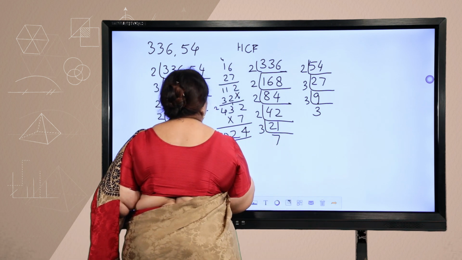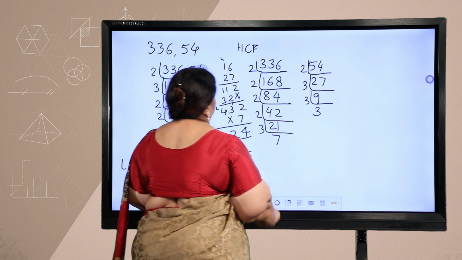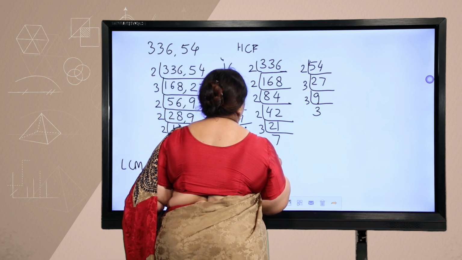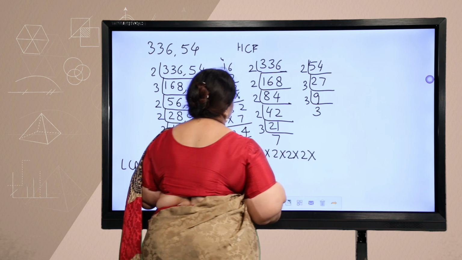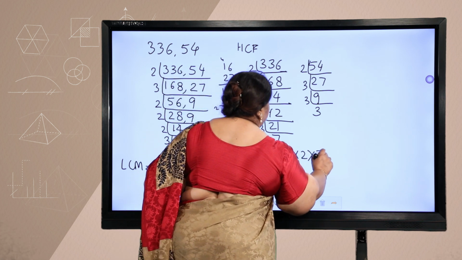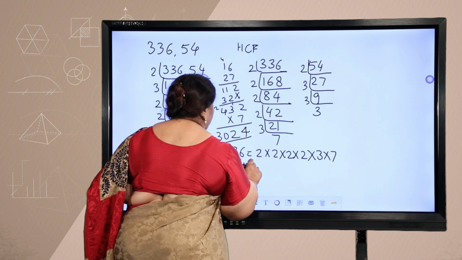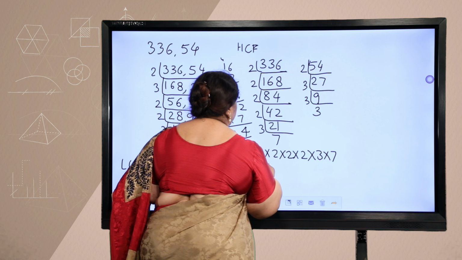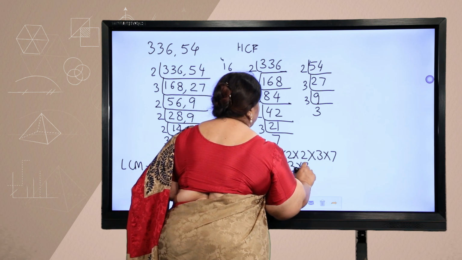Let me list out the factors. It is 2 into 2 into 2, 4 times, and 3 into 7. And for 54, I have here 2 into 3 into 3 into 3.